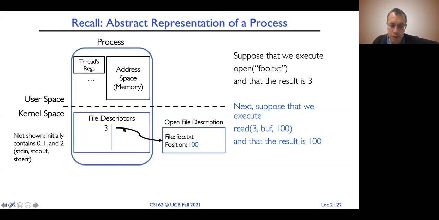The file descriptor points to a data structure in the operating system, which at the end of the day is going to have the inode. In this case, you have a file name and you have a position. What's the position in the file? What's the position you are going to read and write from?